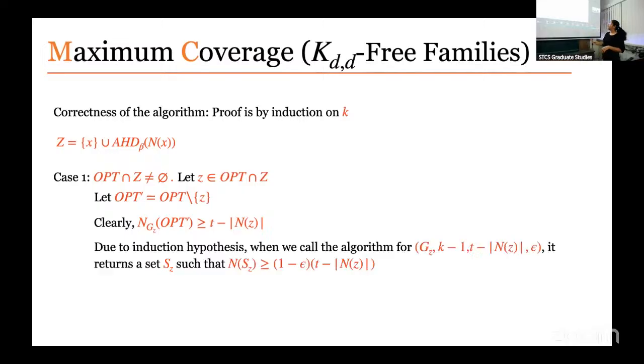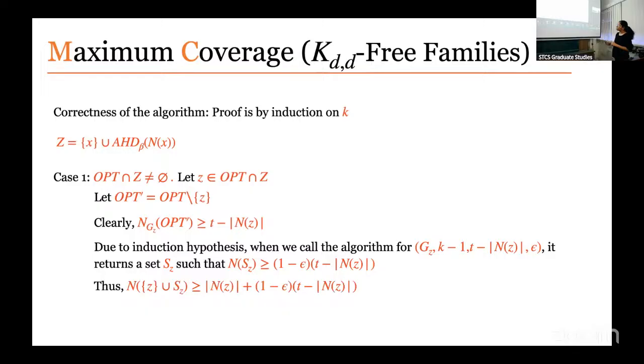Now, due to induction hypothesis, what do we know that when you call for GZ, K minus 1 and all these things, I know that you are getting at least this much. Right? 1 minus epsilon of this much.